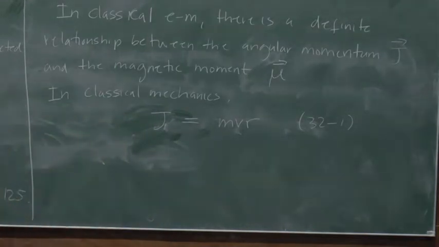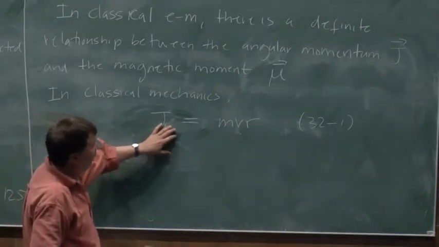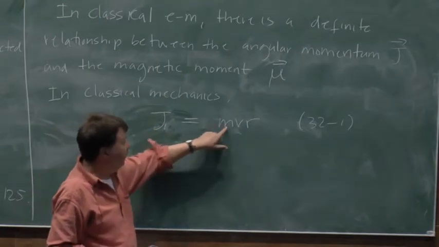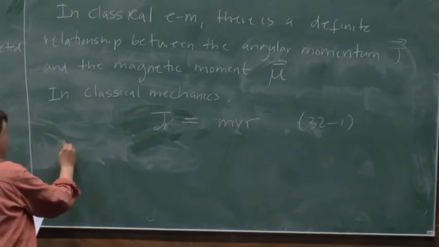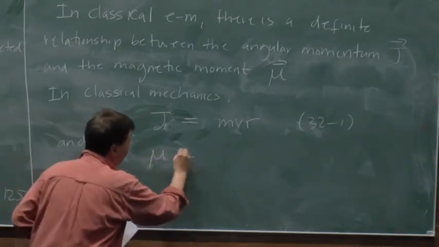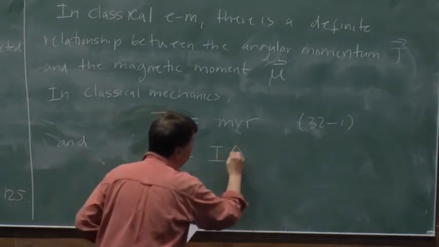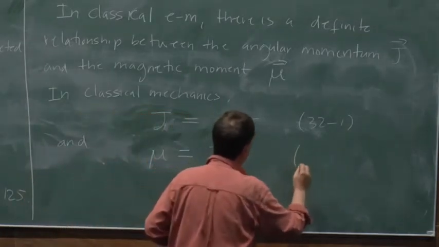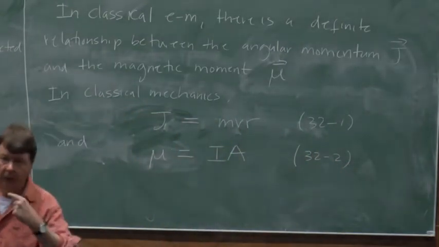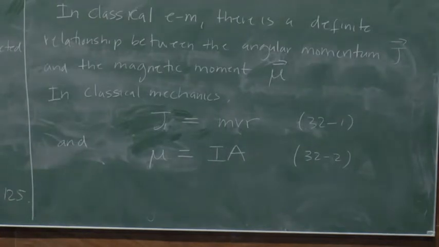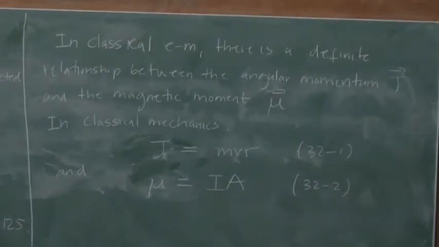Sure, that's an equation everybody could have written down in pre-university physics, that the angular momentum of an object going round is the mass times the velocity times the radius. And of course, just to recall, this was our classical result for the magnetic moment. This was a classical charge rotating in a well-defined orbit. We know this is not a great description of atoms, but we're going to pursue this for a minute.